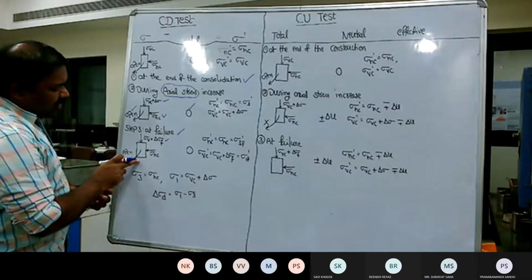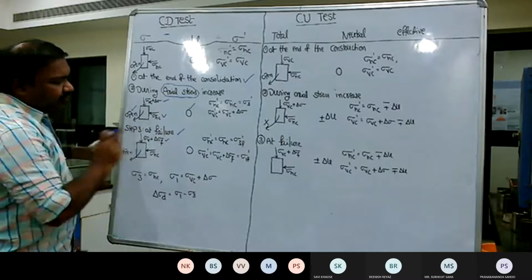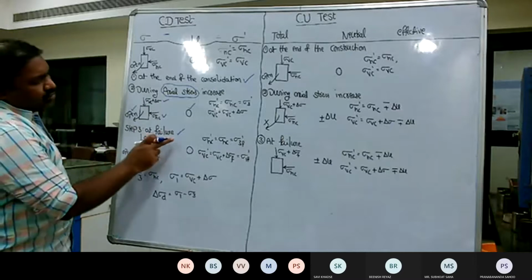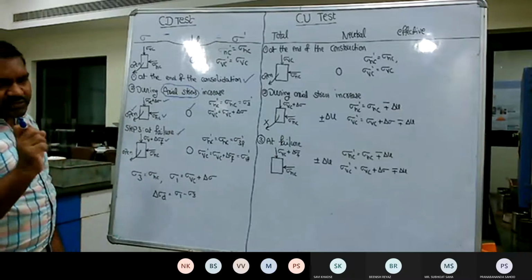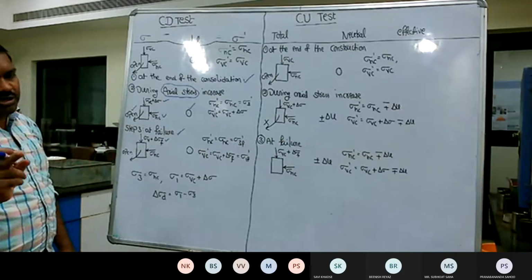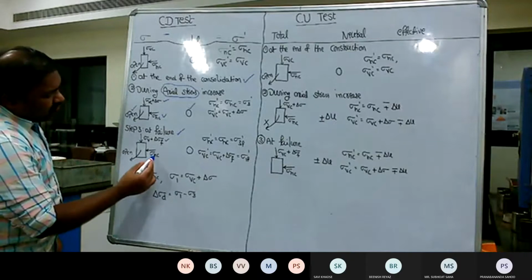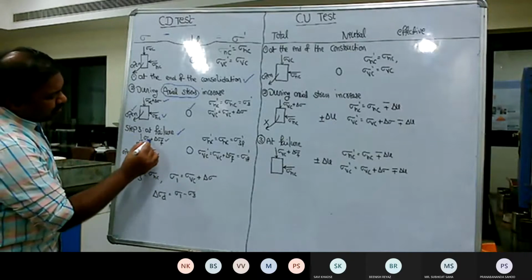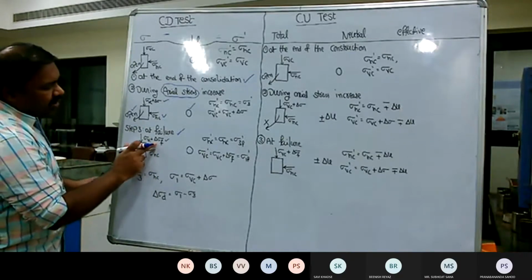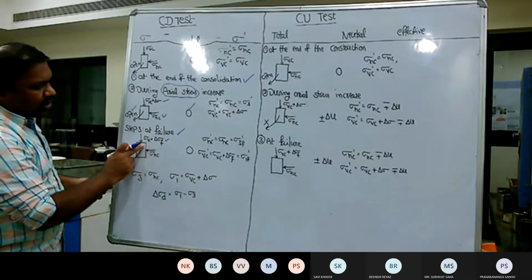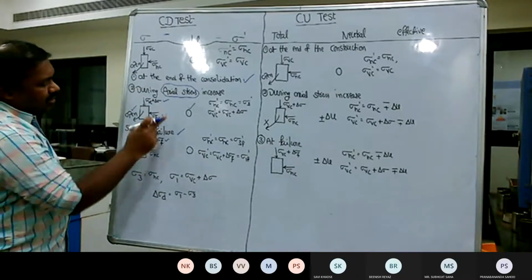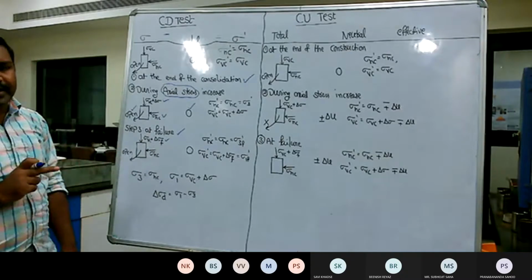Now if you look at the state of the sample at failure, as we know from the fundamental definition of the CD test, the drainage valve is opened during the consolidation and during the shearing. So therefore the confining pressure remains the same, and as we are increasing the axial stress until the failure of the soil sample, your delta sigma will now become delta sigma f.